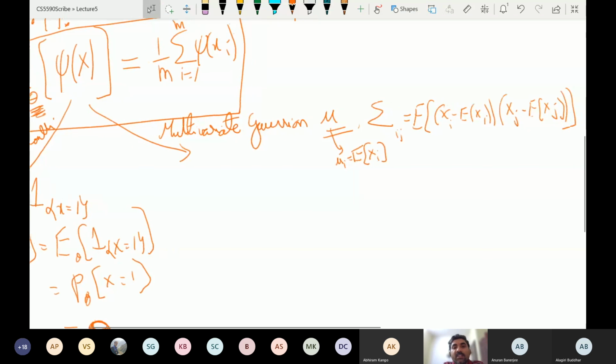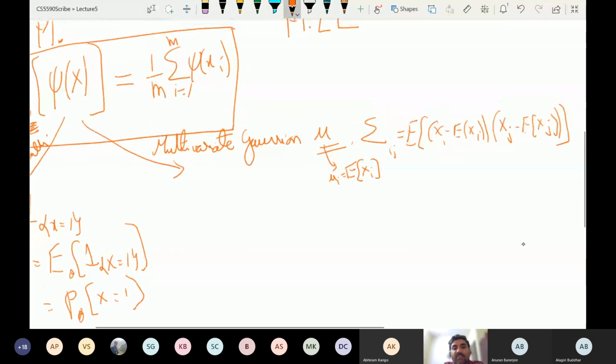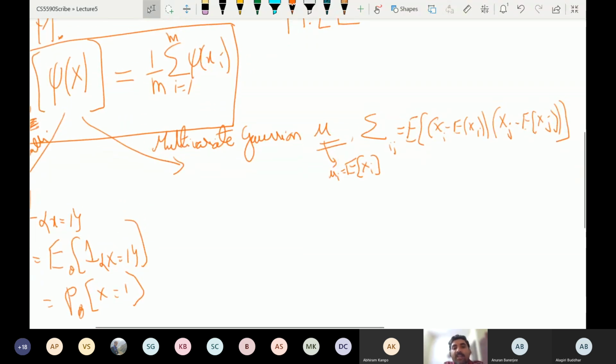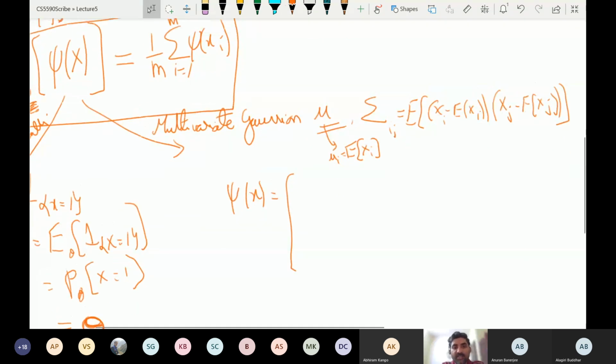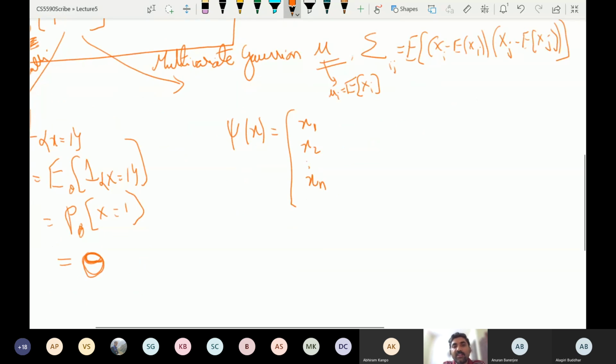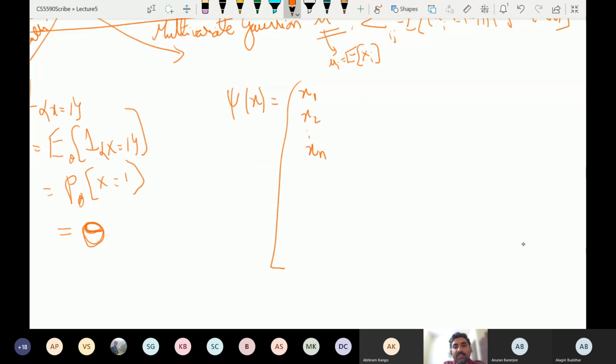So then we said the obvious choice for the psi function will be such that you retrieve each of your mu values and sigma values. So here is the exact psi function we chose. The first one will give you expectation of x1, second will give you expectation of x2, so on. This will give you expectation of xn if it's an n-dimensional vector.